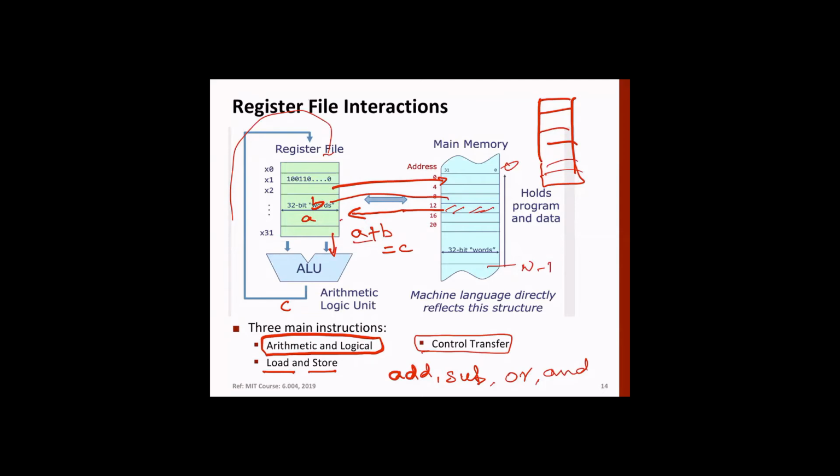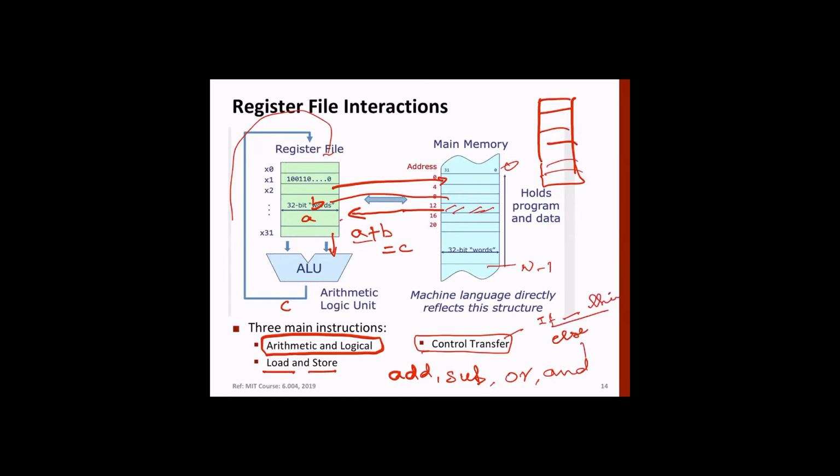If the input value is something, then we do a certain set of instructions, otherwise something else. That is what we call a control transfer instruction. It means that if some conditions are met, then execute something else.